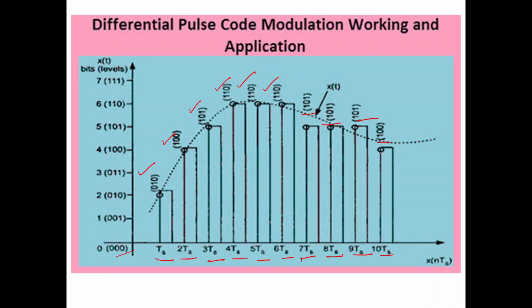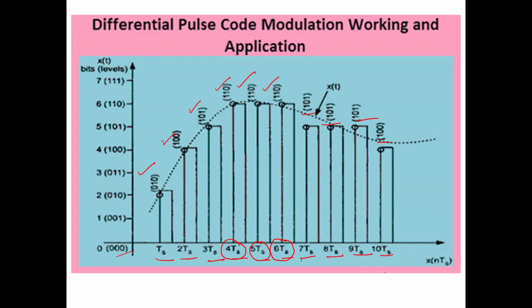Looking at this waveform, it is clear that the samples at 4Ts, 5Ts and 6Ts have the same encoded data, 110. Instead of transmitting three samples which carry the same information, in order to avoid redundancy, we are going to transmit only one sample, 110.